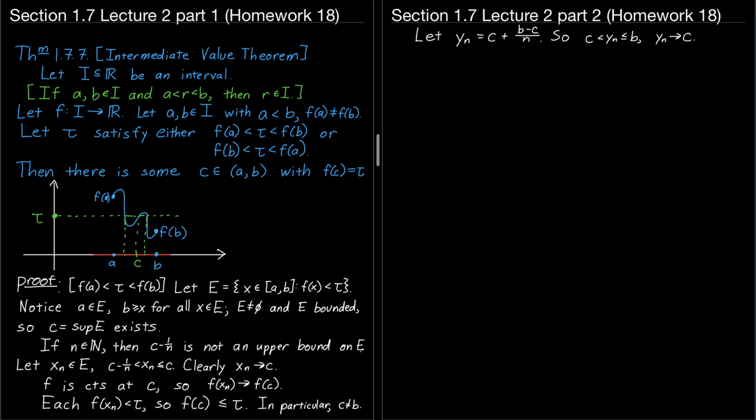Because b is not equal to c, we're not adding a 0, we're adding a positive number. All right. c is the supremum of E, so yn is not in E, and so that means that f of yn is greater than or equal to tau for all n.